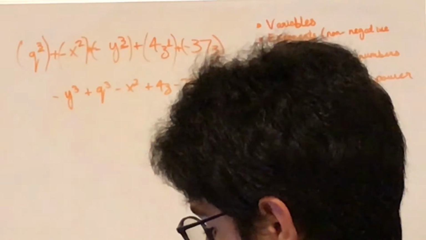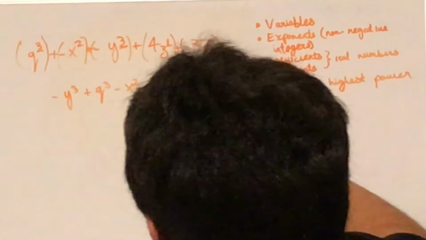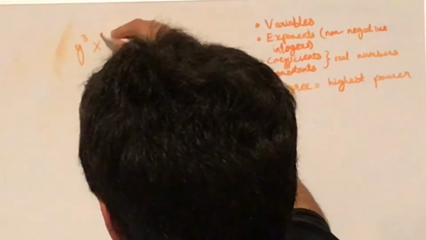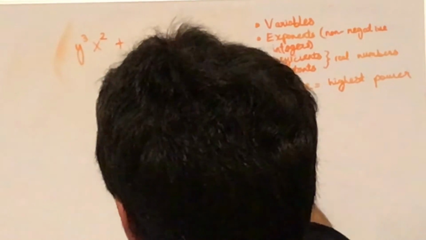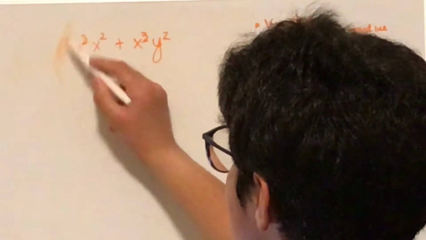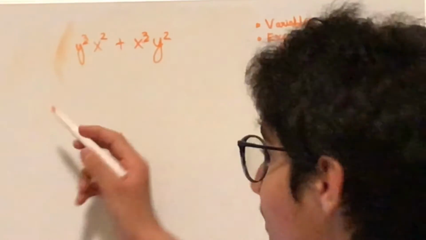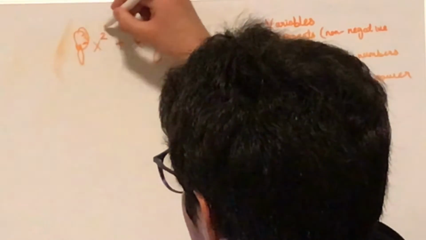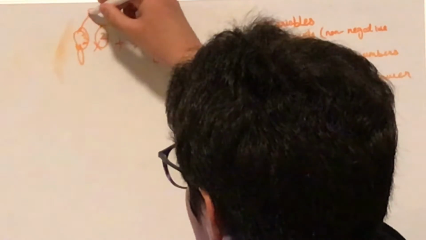But let me quickly show this now. If you have like 4y cubed x squared plus x cubed y squared, right now both of these terms have a degree of 5, a combined exponent of 5. This is 3 and this is 2, so this is a total of 5.